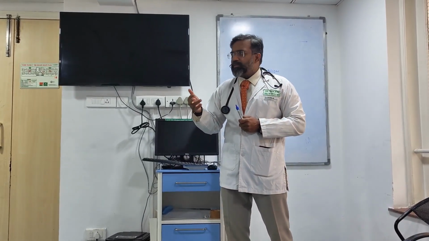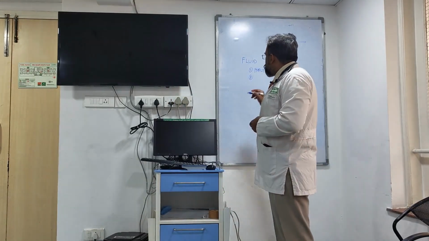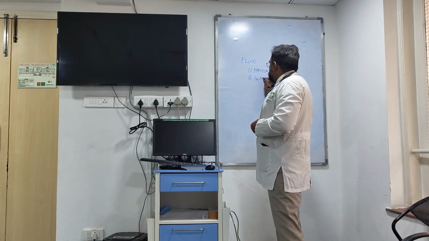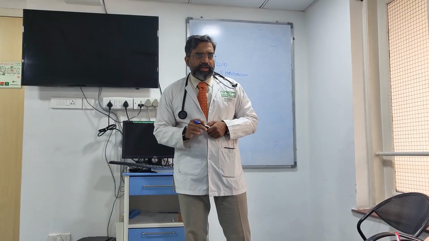So in spite of your initial stabilization, if your lactates still remain on the higher side, then I will start thinking whether I need the fluid. I am not saying I need the fluid, but whether I need the fluid.